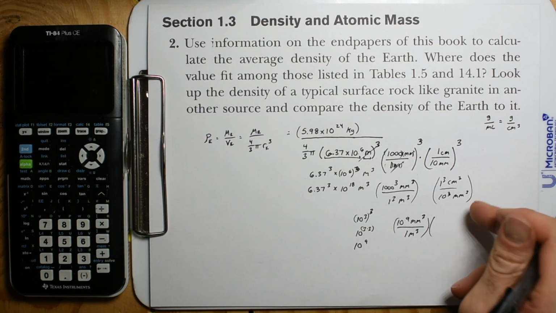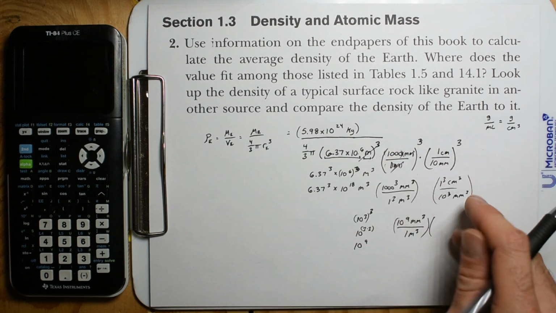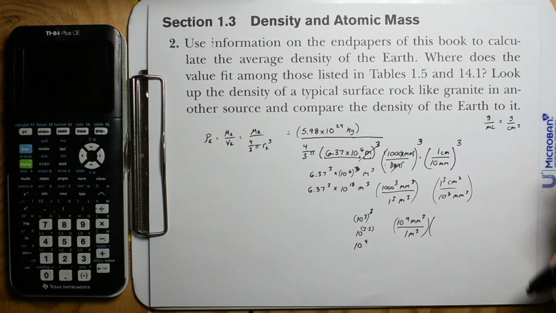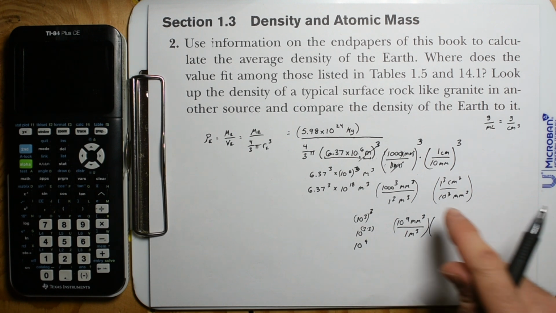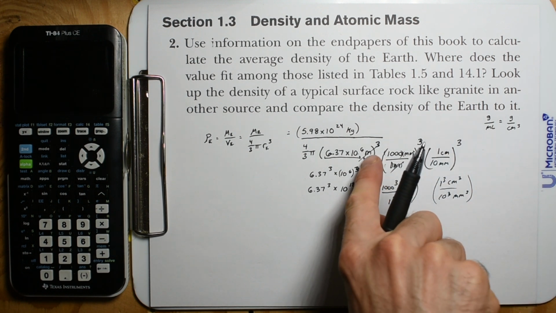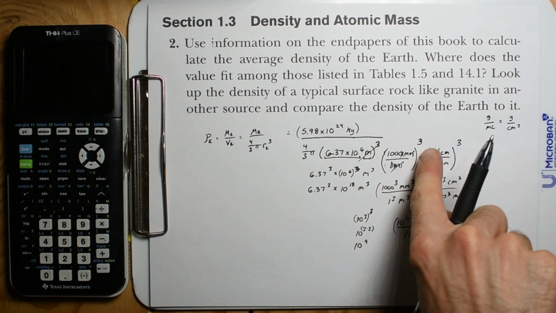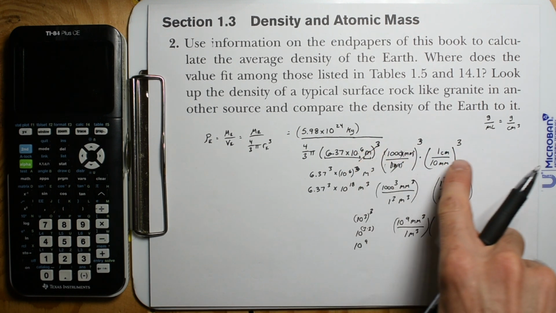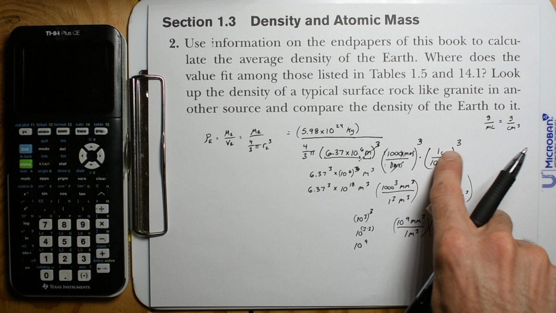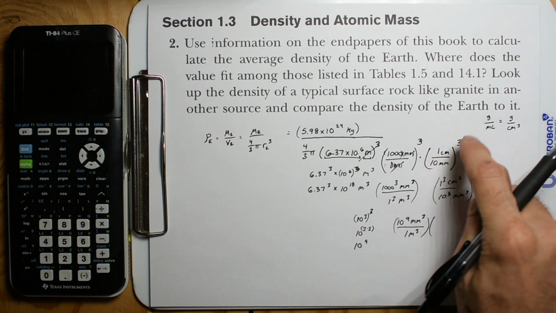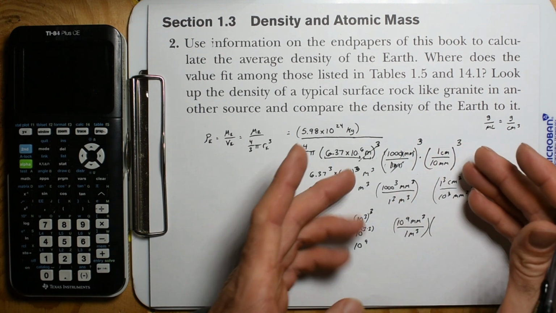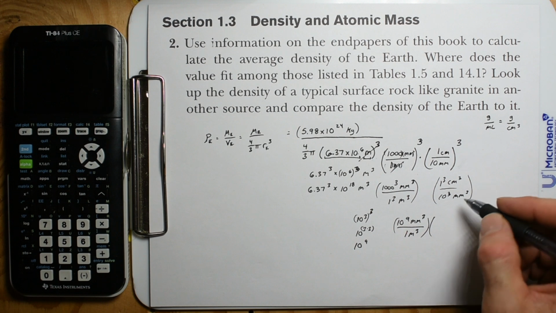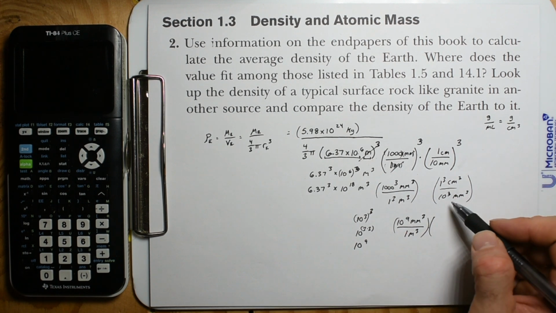This factor label method, I've done it in other videos, but it's just really good to do it this way. What I'm doing is identifying that I need to convert meters to maybe millimeters, then millimeters to centimeters, or converting meters to what I need, and that's going to be centimeters in the end. But I do need it cubed, and so I do this process of understanding how I'm getting that.